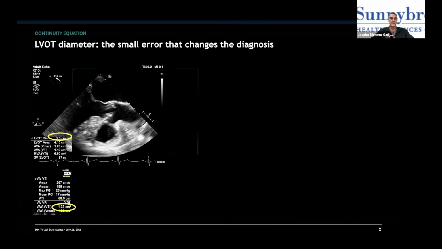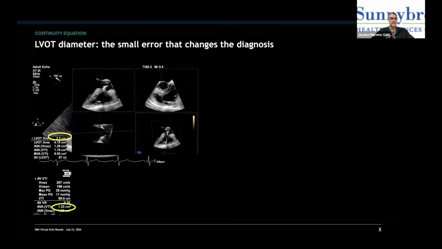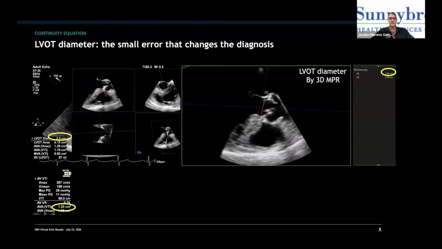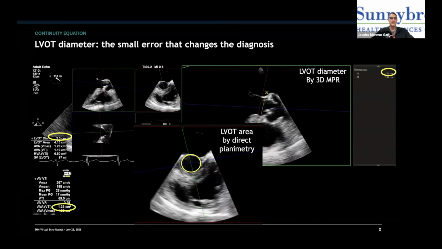To give you an example, you do 3D of the LVOT and measure your diameter. In this case, instead of 2.3, it was 2.02. It gives you an area by direct planimetry of the LVOT, and the area is 3.2, which is equivalent to an estimated aortic valve area of 0.8, which is different from 1.33. That's how 3D can help you in those situations.